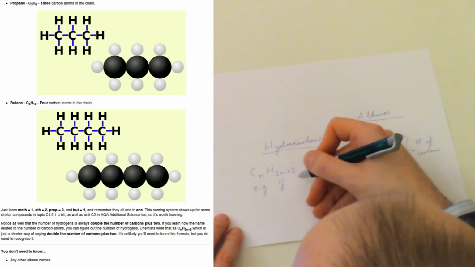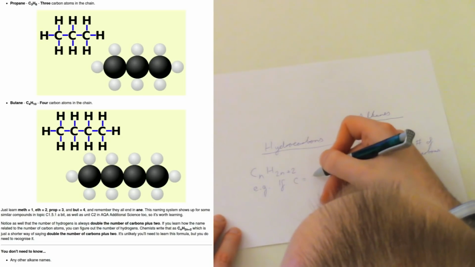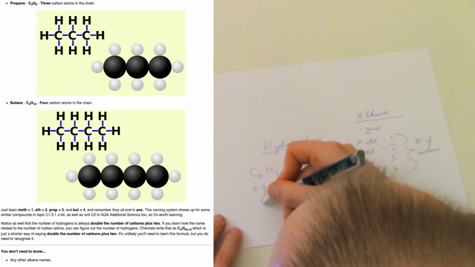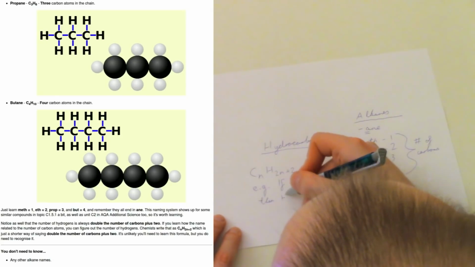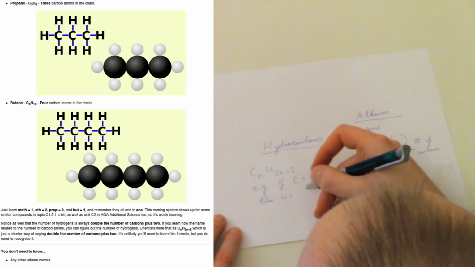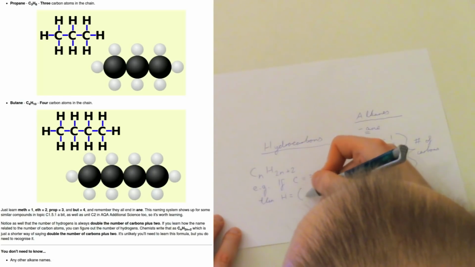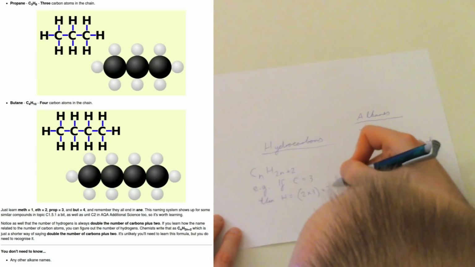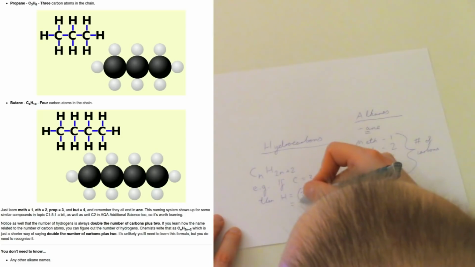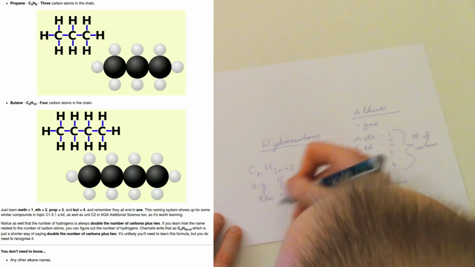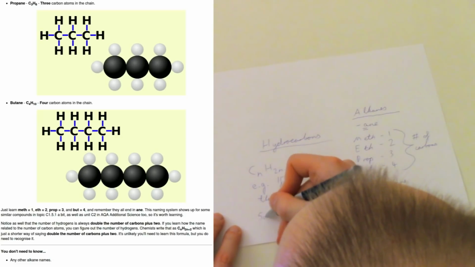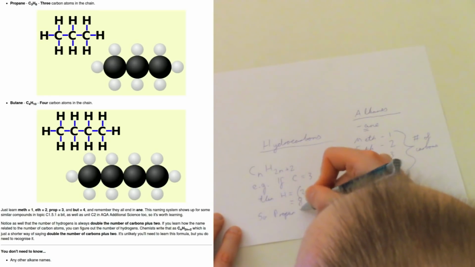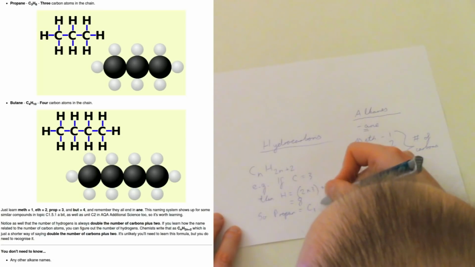What I'm going to do is give myself a little example. So if the number of carbons C equals, let's say 3, then H, the number of hydrogens, equals 2 times 3 plus 2 equals 8. So this is propane, is going to be C3H8.